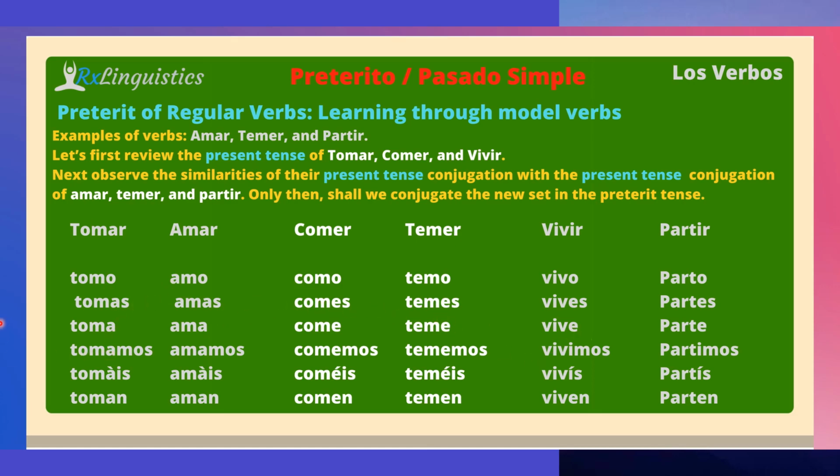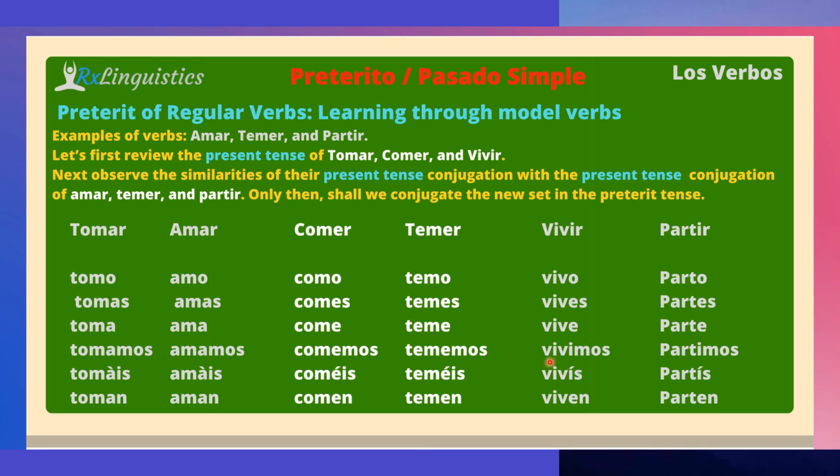And second person, when it's a verb ending in AR, you have as, or AS. When it's a verb ending in ER, you have ES. And that's the same with the verb ending in IR.